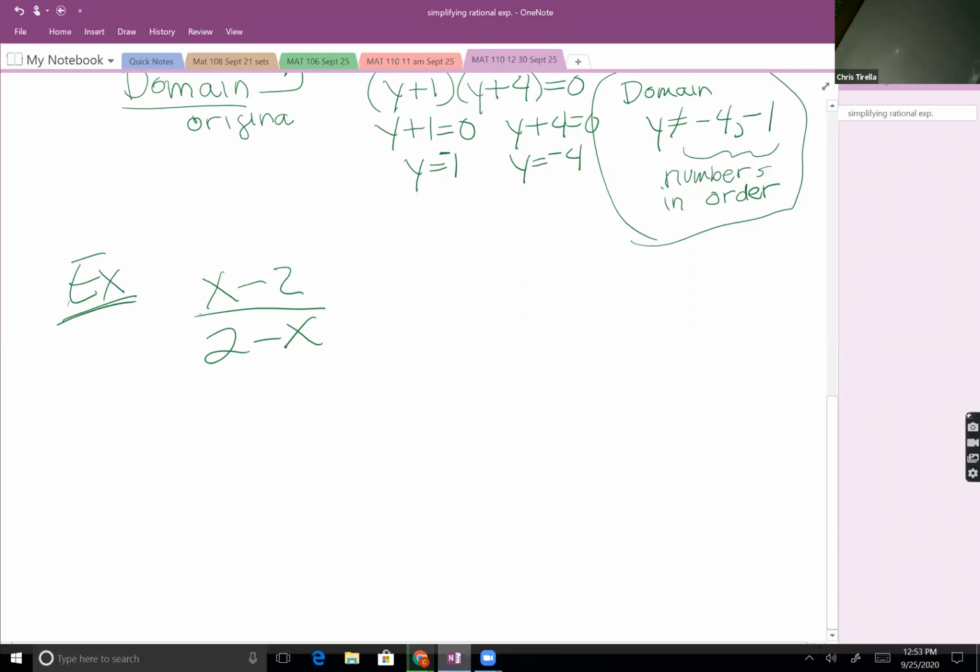And so if the subtraction is reversed, they're opposites. And so if I leave that numerator the same, in the denominator, if I divide out a -1, I'd end up with x minus 2. And so those x minus 2's will cancel and leave me with a -1.